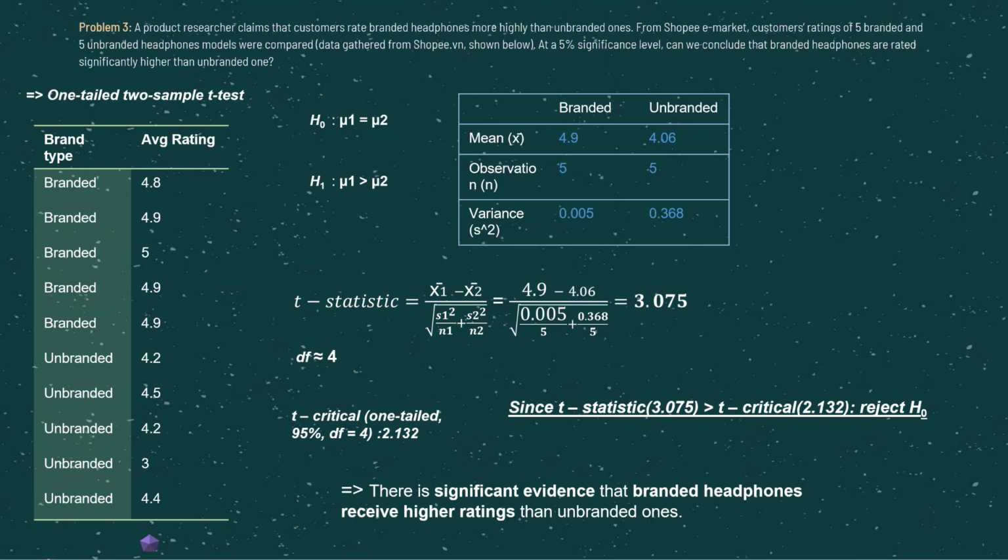For problem 1, we can see that they are willing to invest in the products with higher prices in return for better quality. And in problem 3, the ratings on the branded are greater than the unbranded ones.